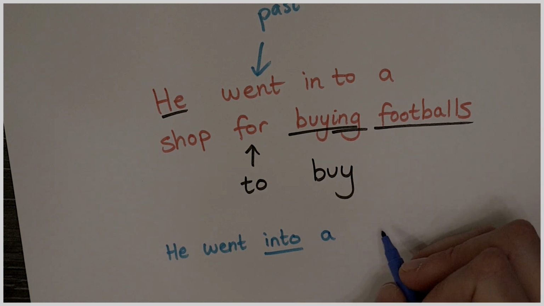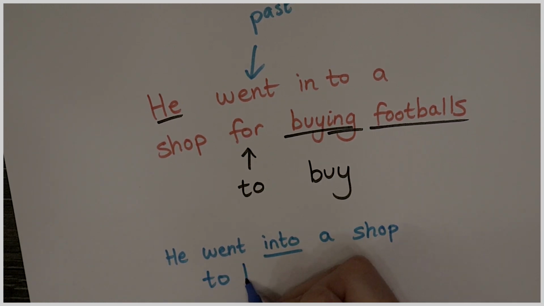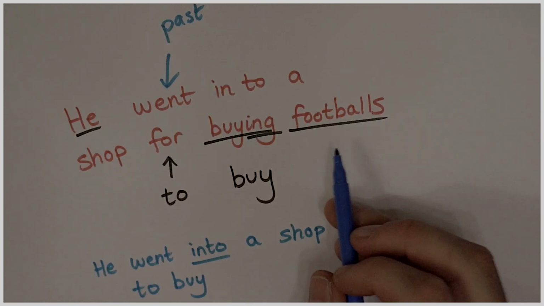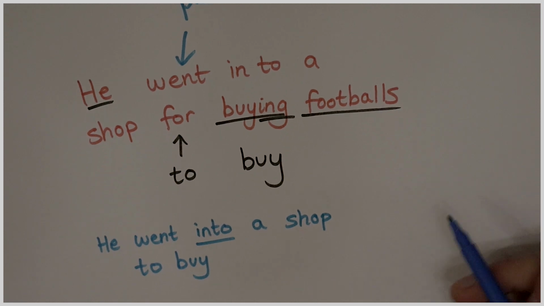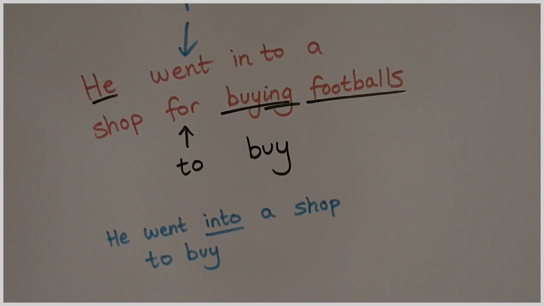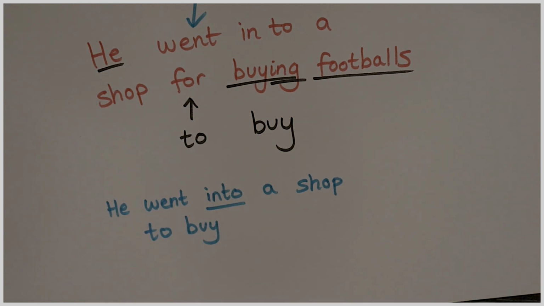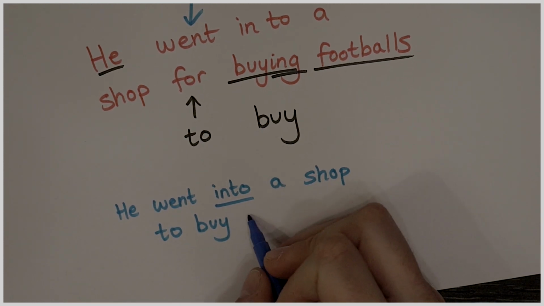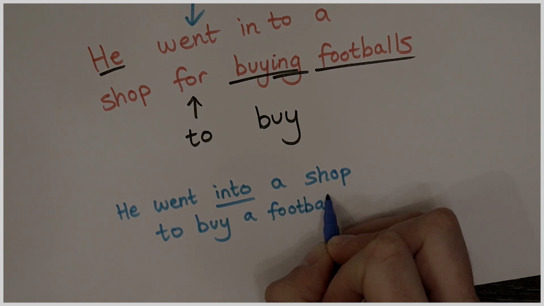He went into a shop to buy. Now, did he want to buy footballs, which is lots of footballs, or did he just want to buy one football? Because I don't think people buy many footballs. So let's just say he bought one football. To buy a football. There's our determiner there.